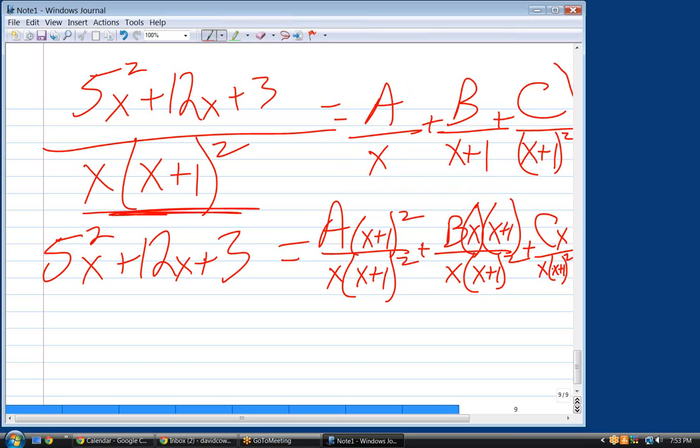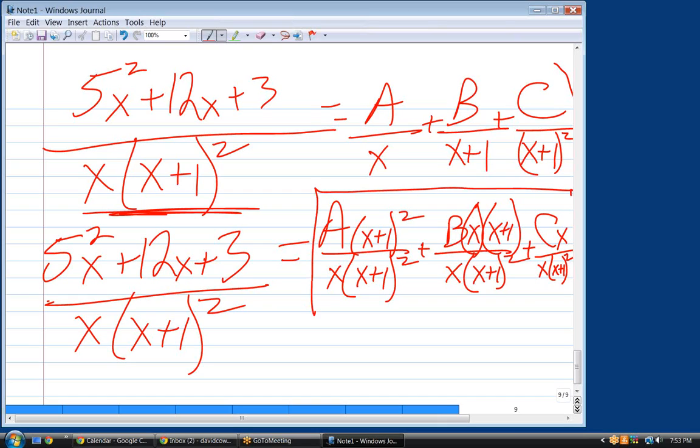So now that I've got it like this, I can equate the numerators. You see why? In other words, if I complete this process, I'm going to add the numerators all together. I'm going to have this denominator, and it's going to equal this, which means that this numerator equals this numerator, because their denominators are the same.